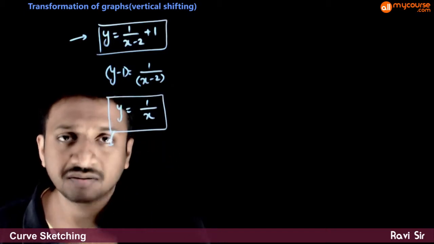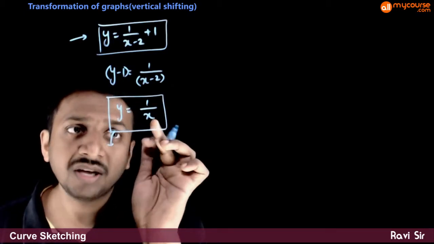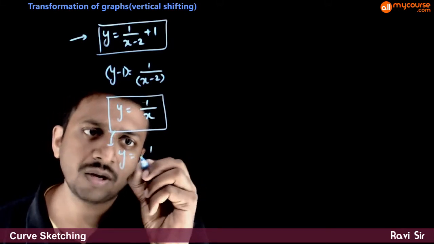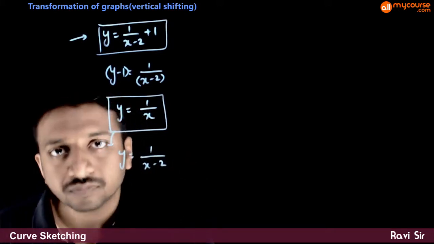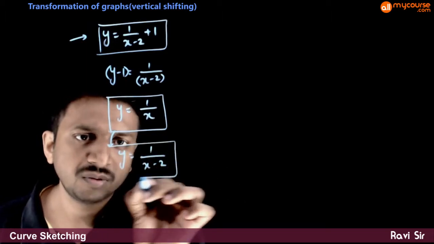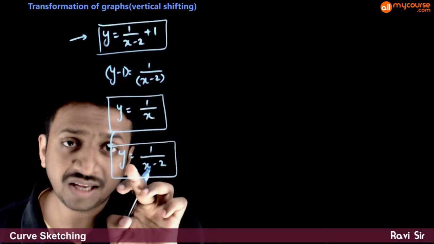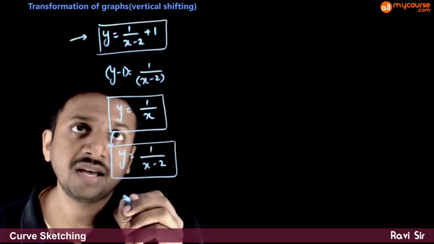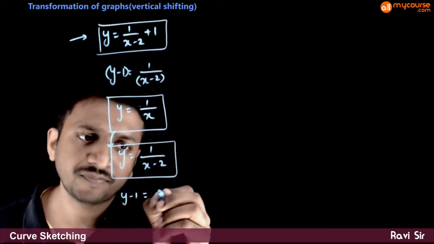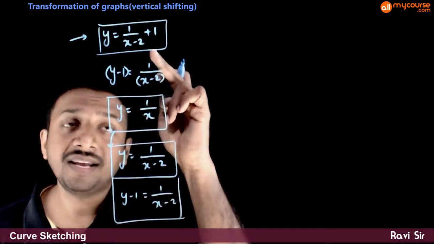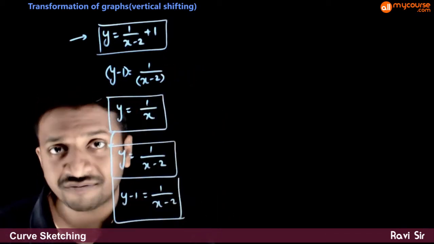Now in this, if you apply the transformation, x becomes x minus 2, this becomes y is equal to 1 by x minus 2. So this graph can be converted into this graph. And now in this graph, in the place of y, if you put y minus 1, you're getting the final graph.